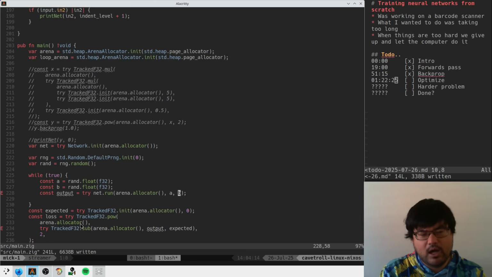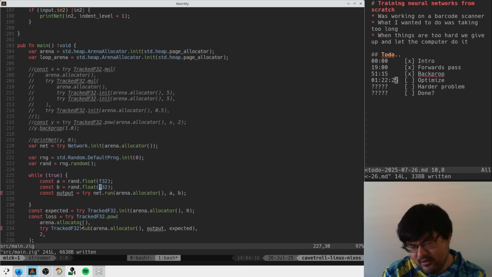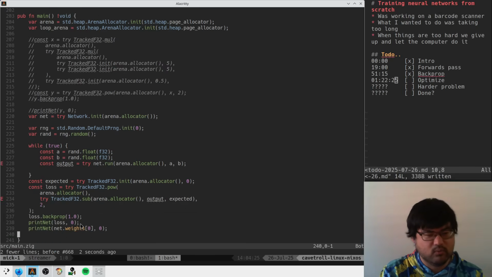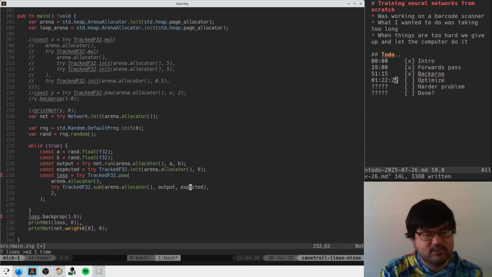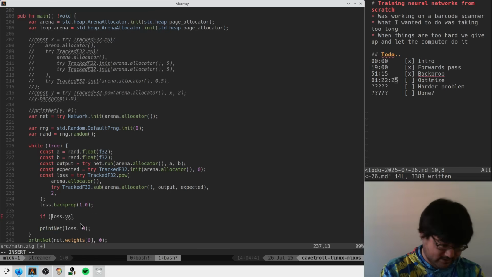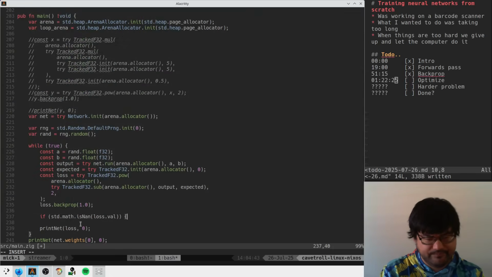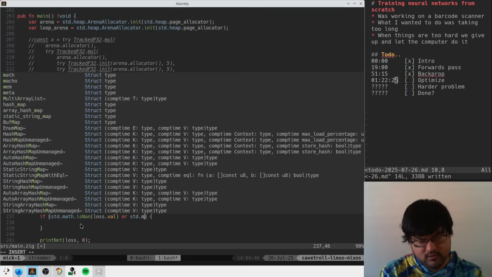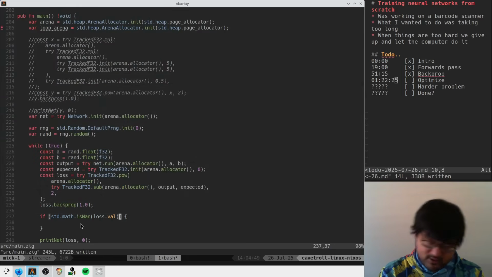I do want to scope these a little bit because I'm worried about getting really big numbers and then getting NaNs. But we can run this whole thing and then check for NaN at the end, I guess. So we can say, if loss val is NaN, std math is NaN or something, probably or infinity or something like that. Whatever, this will work for now.